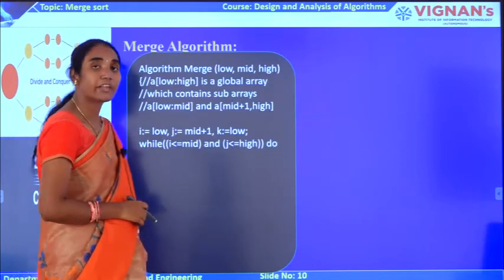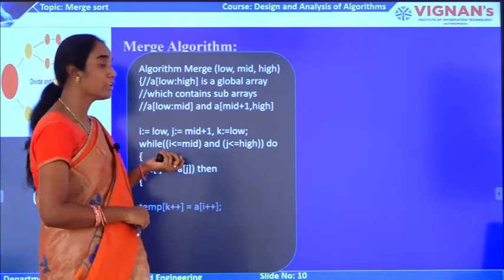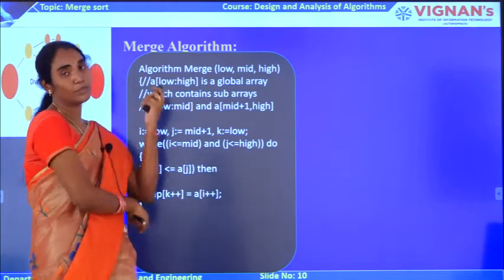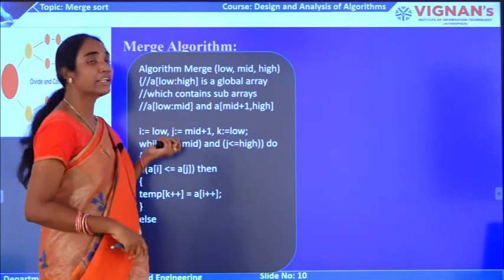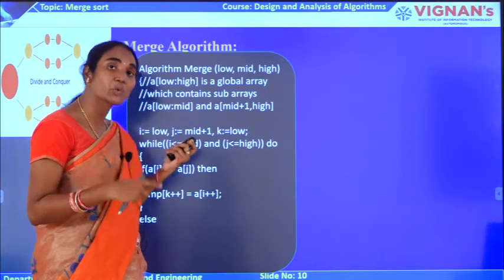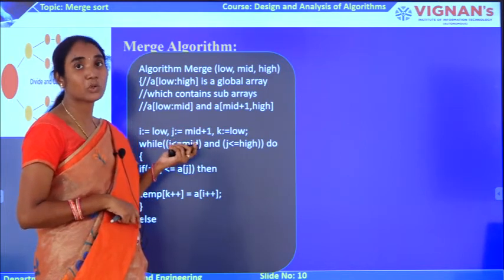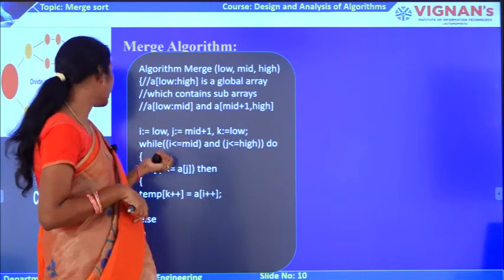Now merge takes low, mid, high as parameters, and here i is equal to low, j is equal to mid plus 1, and k is equal to low. Here the k index is relevant to the temporary array, which we are going to store temporarily in each and every iteration.